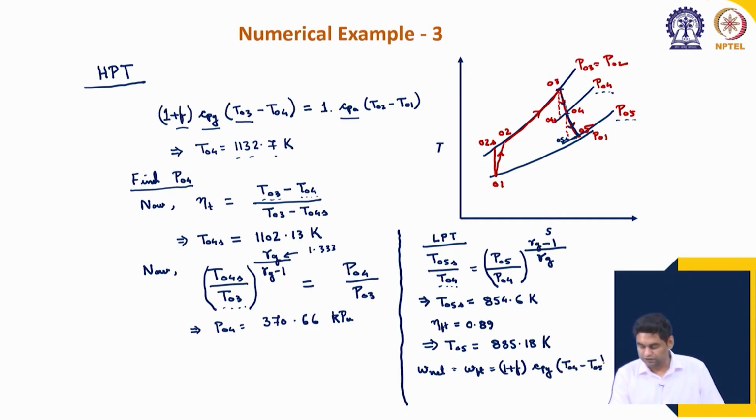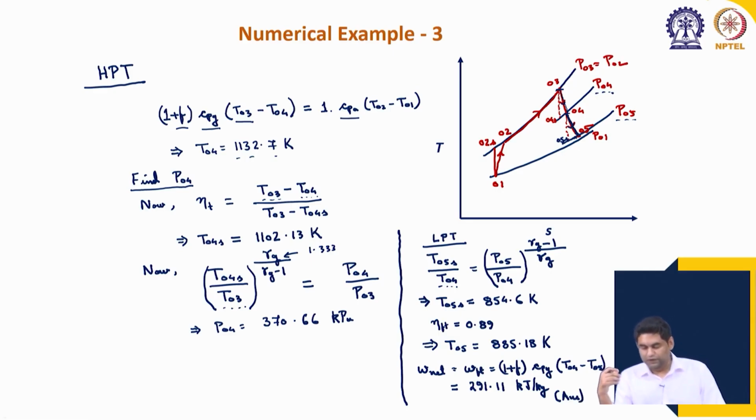Everything is known to us at this point. So, you will get the net work output to be equal to 291.11 kilojoule per kg. This is the second answer which was needed, the net specific work output from this gas turbine.